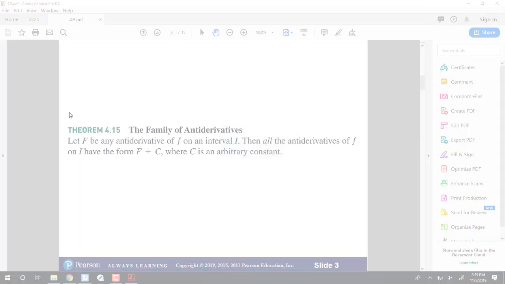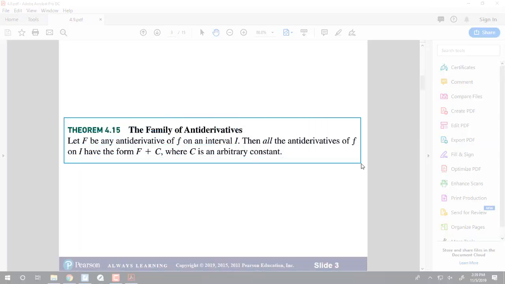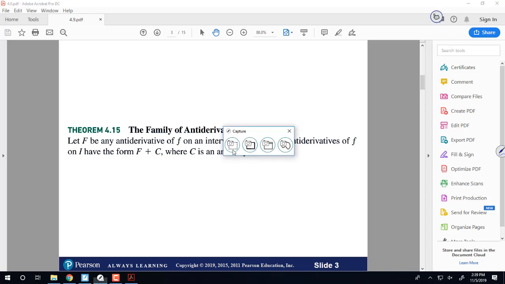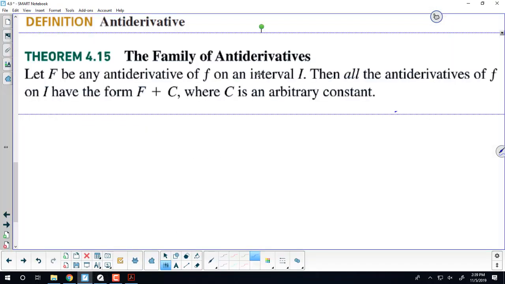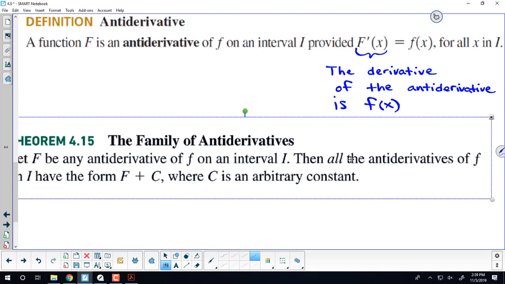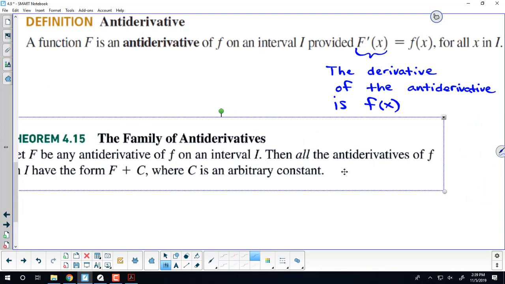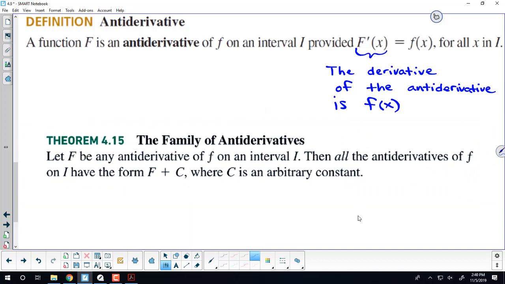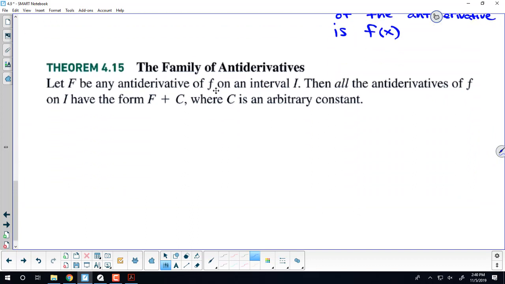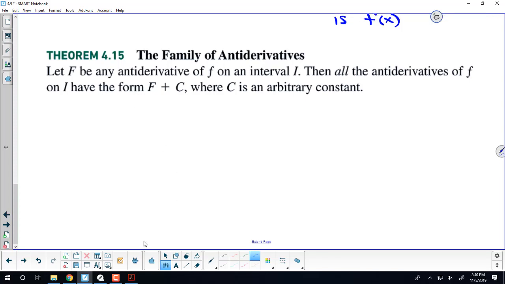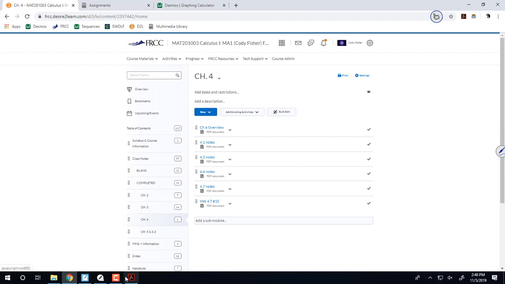So as discussed, we're really looking for the family of antiderivatives, capital F plus C. Visually, if you have a graph and you just add or subtract numbers to it, all it does is move your graph up and down. So you really have all of those graphs.